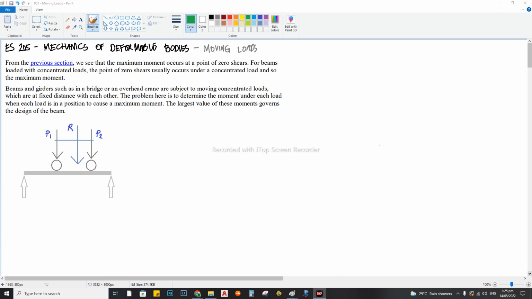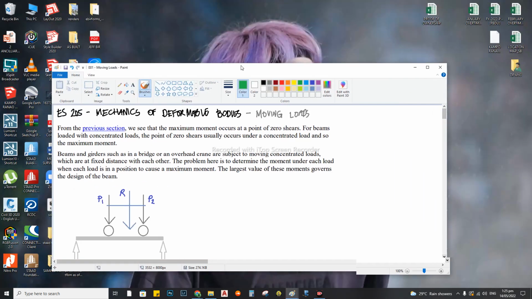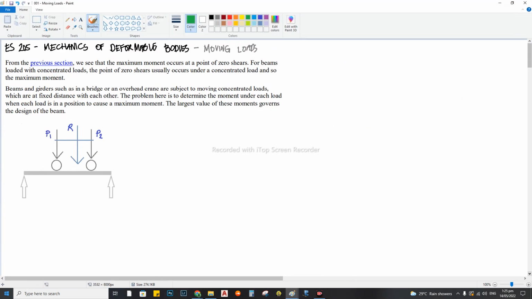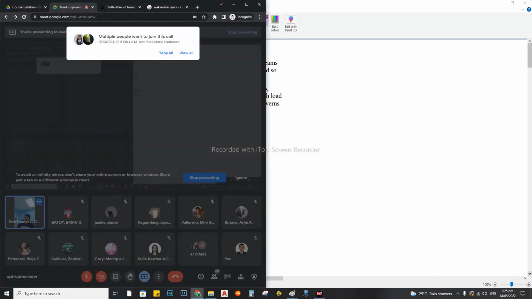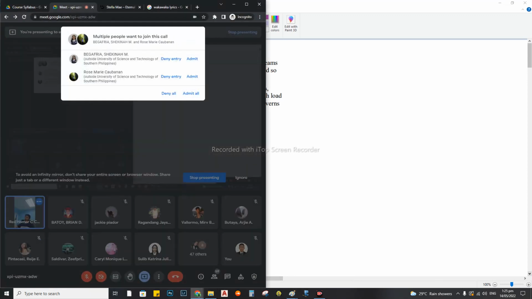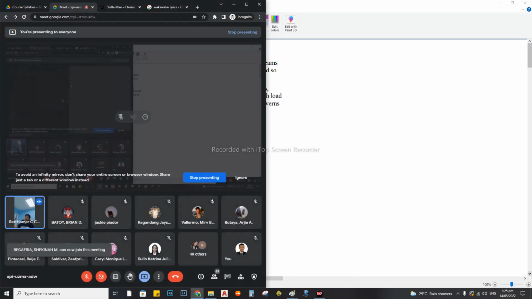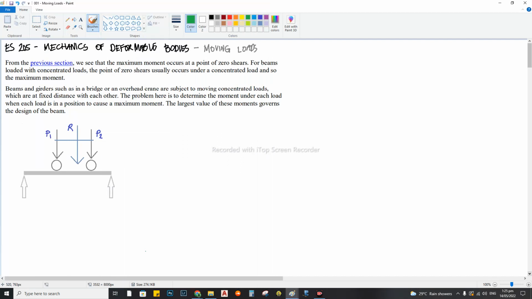So naay bending moment nga nakahitabo sa structure. So the structure, let's say a beam, undergoes what we call internal loadings or internal reactions. We call them the axial force, the shear force, and the moment.